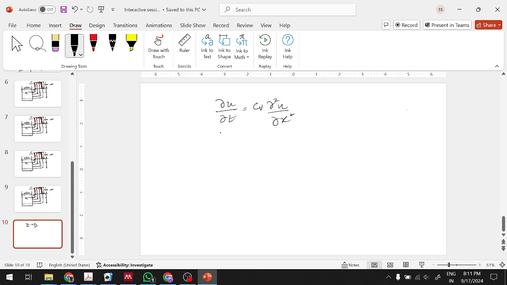So you see this is a partial differential equation, and why we are saying that this is a partial differential equation, because it is varying in two domains. It is varying in time domain as well as in the space domain.